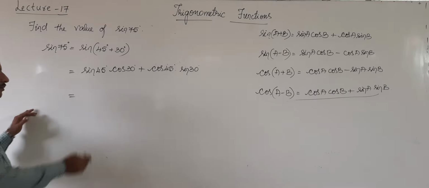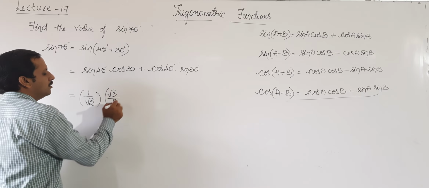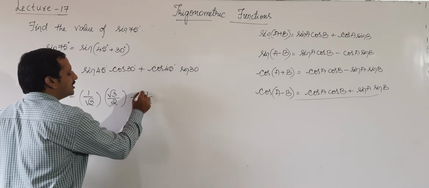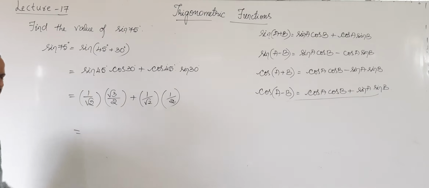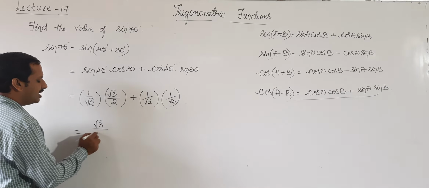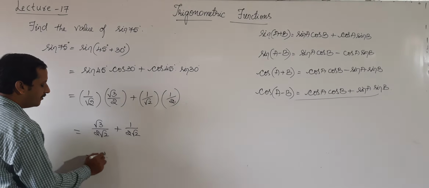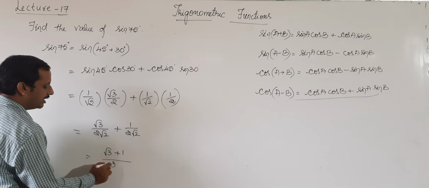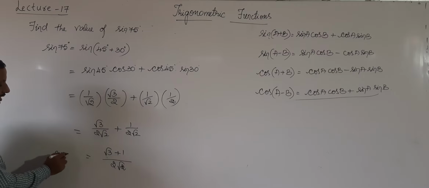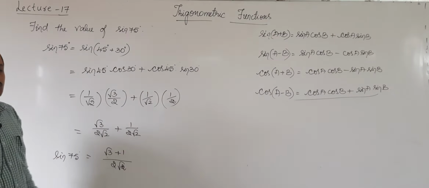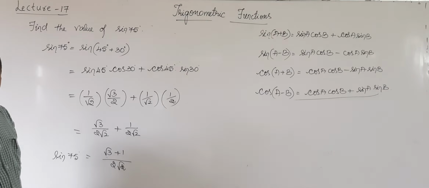Sin 45 degree is 1 by root 2, cos 30 degree is root 3 by 2, plus cos 45 is 1 by root 2, sin 30 degree is 1 by 2. Here you have root 3 by 2 root 2 plus 1 by 2 root 2. Together we can write this as root 3 plus 1 divided by 2 root 2. So sin 75 degree is equal to root 3 plus 1 divided by 2 root 2.